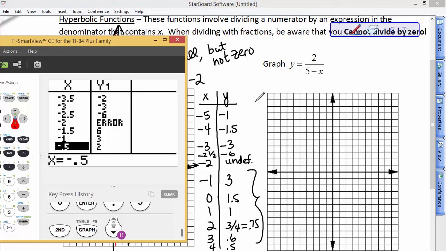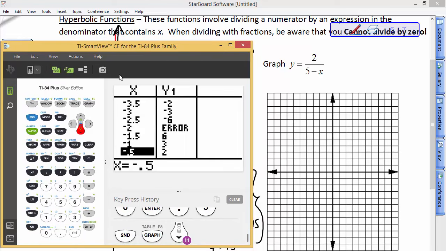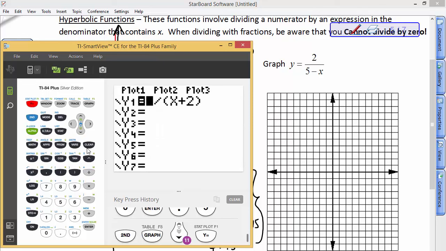So I'm going to go ahead and let you see this equation. 2 divided by 5 minus x. And a value of 5 will not work. So let's start our table at 0.